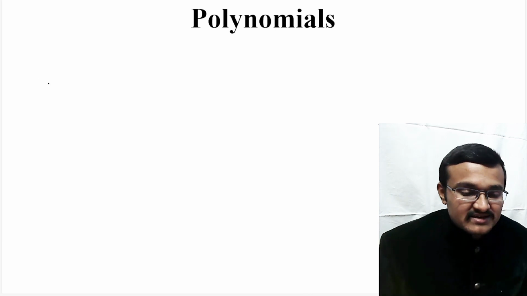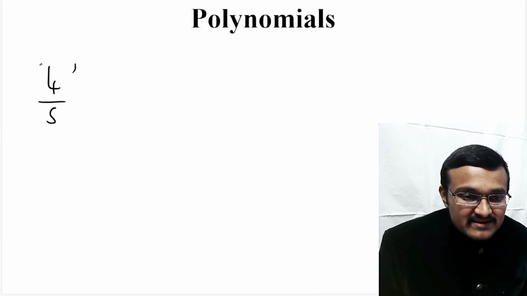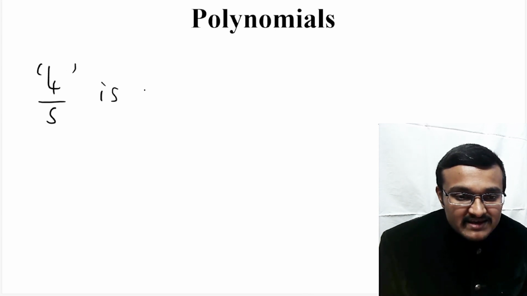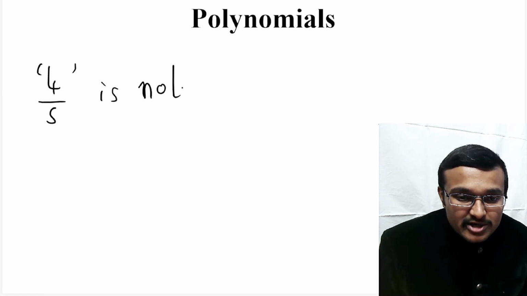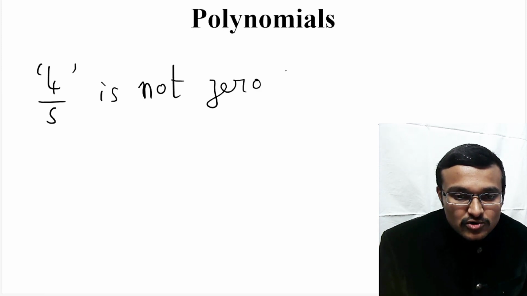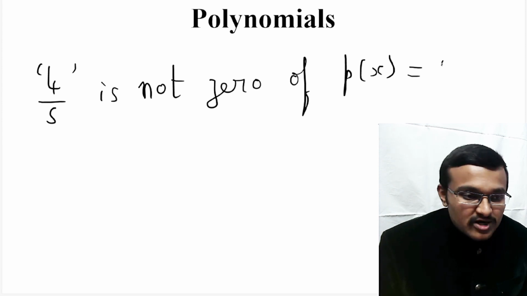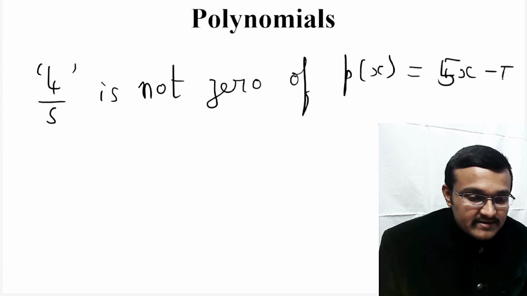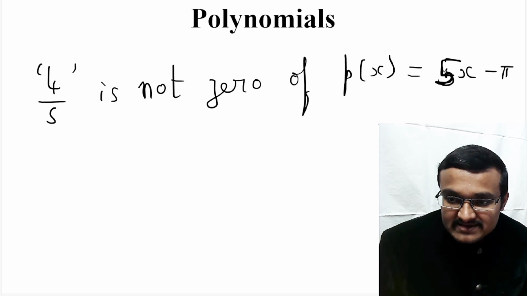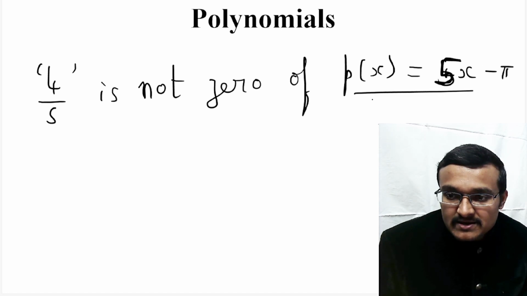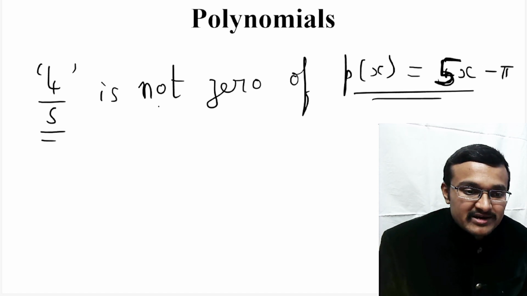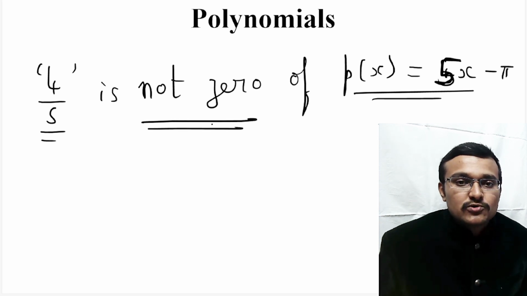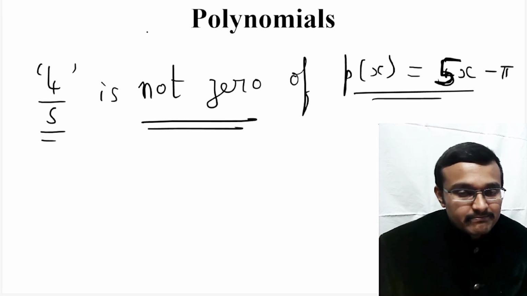That means 4 by 5 is not the 0 of the polynomial p of x, which is equal to 5x minus pi. So for this polynomial, 4 by 5 is not the 0 of 5x minus pi.